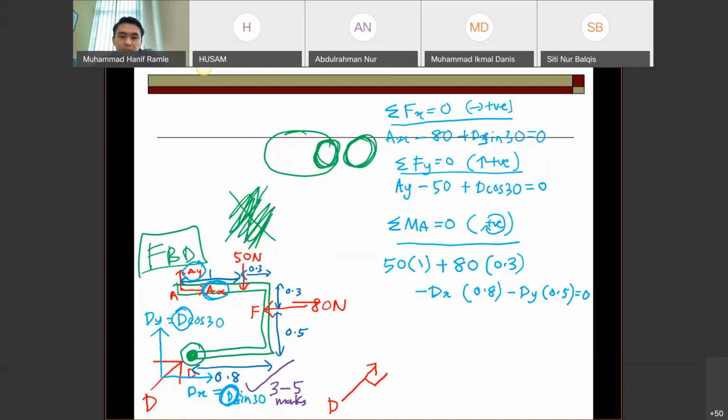We know that dy is equal to d cos 13, so why not replace dy at the moment equal to 0 with d cos 13, so cos 13 multiplied with 0.5?